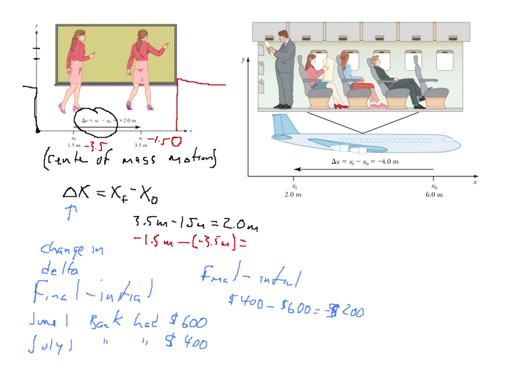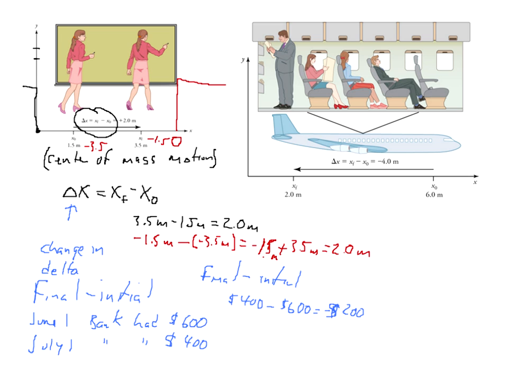So look, we've got negative 1.5 minus a negative 3.5. So that's like saying minus 1. Oops, sorry, that's not a very good looking number there, but it does have a great personality. So negative 1.5 minus negative 3.5, that's like adding 3.5, and we still get 2 meters.